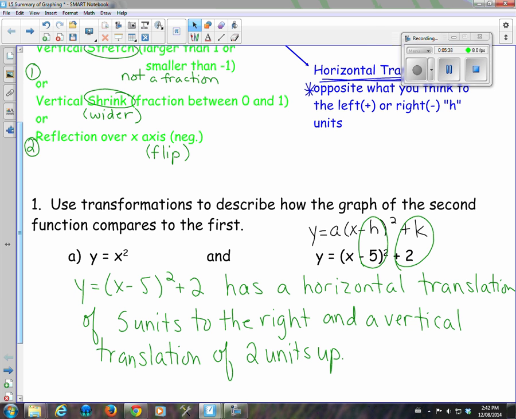So when I ask you to describe how the graph of a function compares to the first or the original or the parent function on a test, those are the terms I'm going to be looking for.